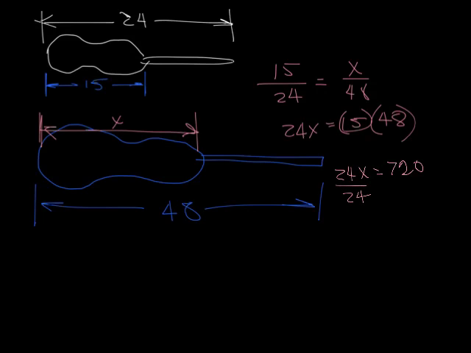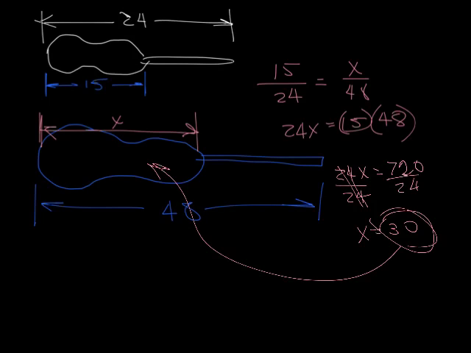Divide by 24, divide by 24. Cancel those out. And our 720 divided by 24 is 30. So, the body of our cello is 30 inches.